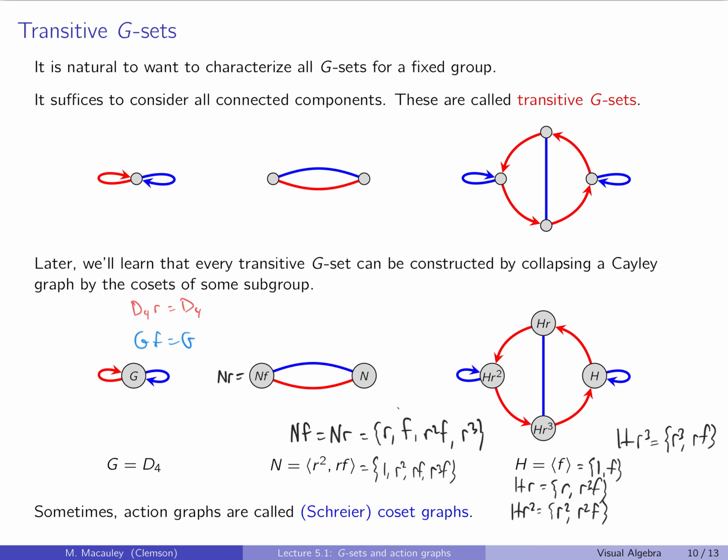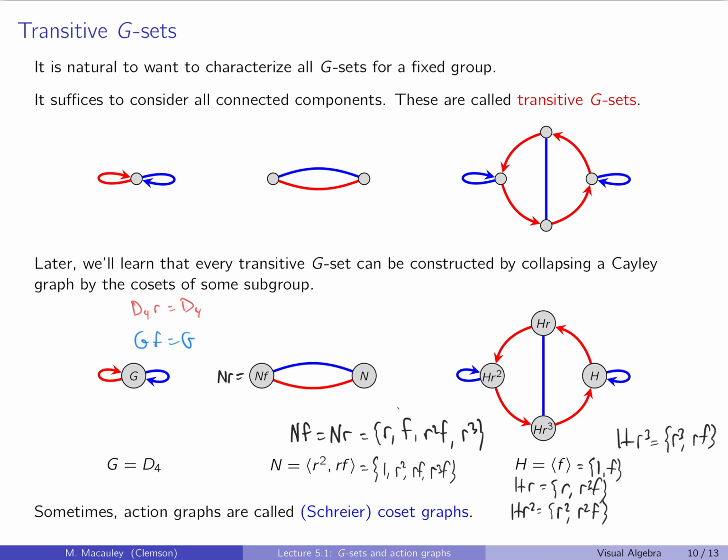And you could check that if you take H and you multiply by R, well, you will get HR. If you multiply H by R squared, you get HR squared. If you take HR and you multiply by F, you will get RF, and this is going to be R cubed F times F, which is R cubed. So you get those, and so forth. So again, this abstract G-set you can realize as where the nodes are cosets and the edges are just multiplication. And that is what we had in our running example with binary squares.